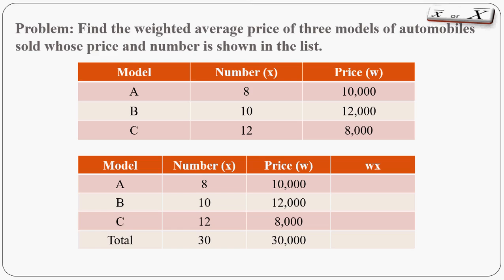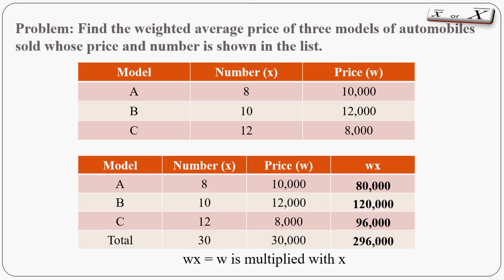Wx is just a multiplication. For model A, 8 into 10,000, we will get 80,000. Model B, 10 into 12,000, 120,000. Model C, 12 into 8,000, 96,000. Once we make the total, we get sigma Wx as 296,000. So I hope this step is clear to understand.